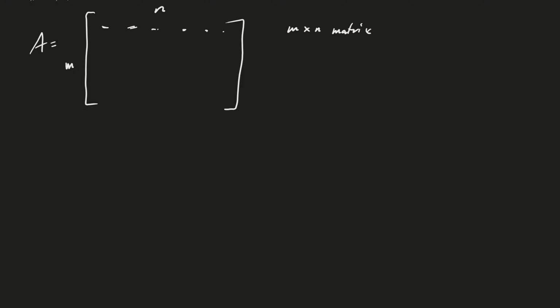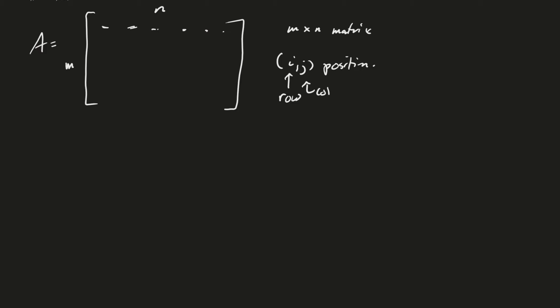When we talk about the ij position, that is the ith row and the jth column, so we always go in the row-column format. That's exactly the same as a spreadsheet. If you're familiar with a spreadsheet, you can think of a matrix as just a subset of a spreadsheet.